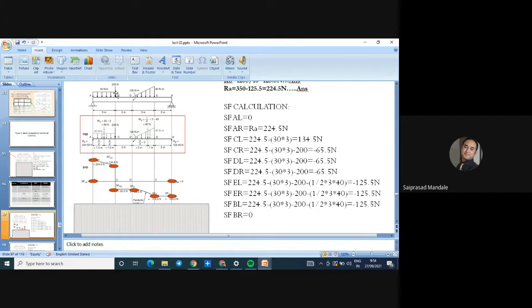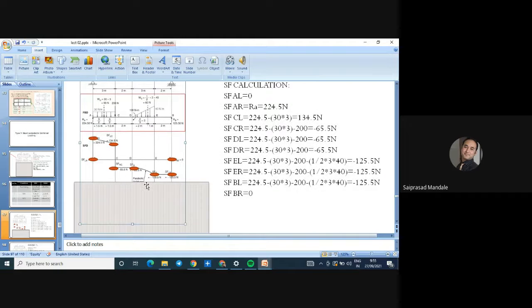When there is a point load in the case of a bending moment diagram, which type of curve do we have to draw? Inclined line. Then when there is a UVL, which type of curve do we have to draw? Here it is a parabolic curve and here it is a cubic curve.